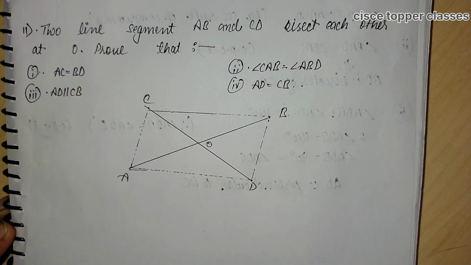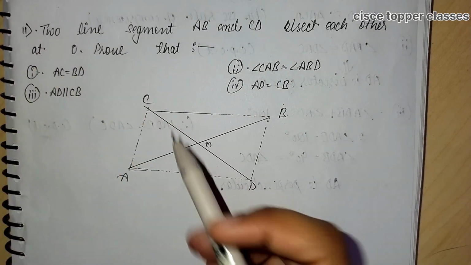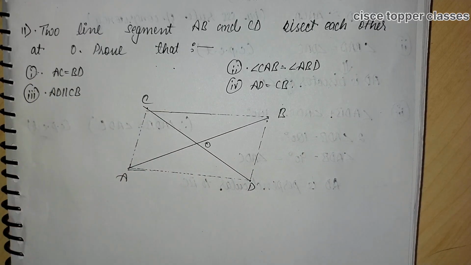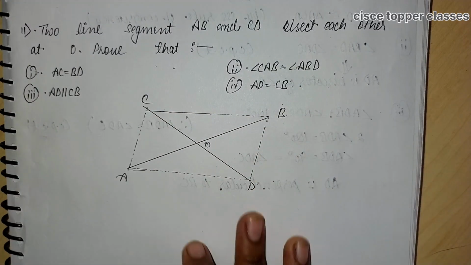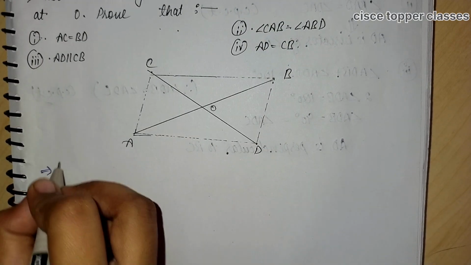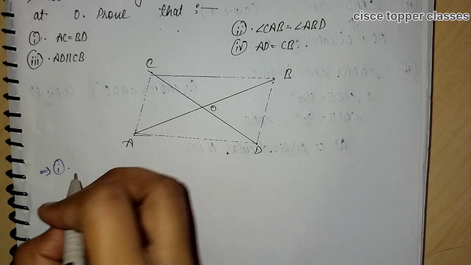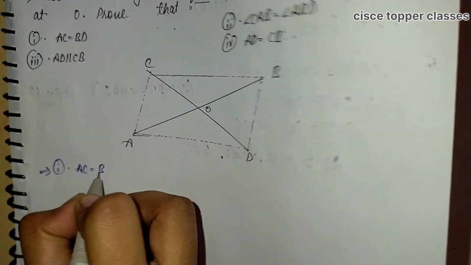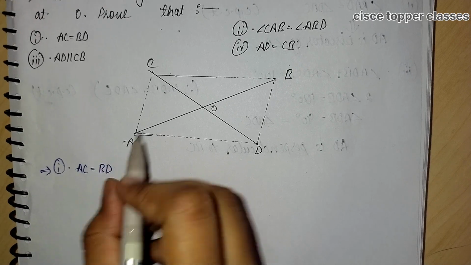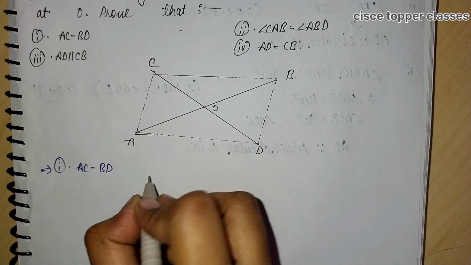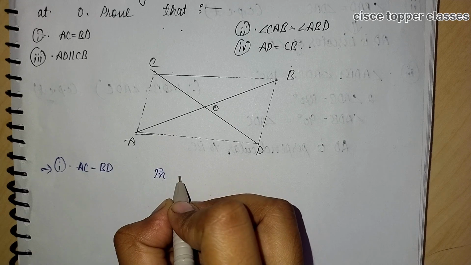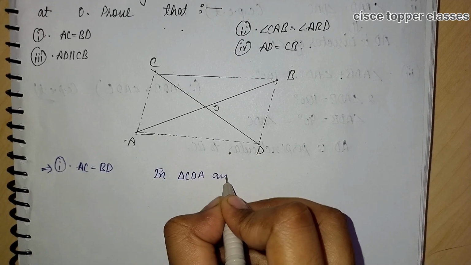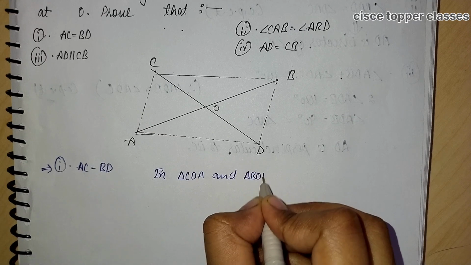Now let us solve the 11th part here, which is two line segments AB and CD bisect each other at O. Then we have to prove that AC is equal to BD. Simply we have to prove it in triangle COA and triangle BOD.